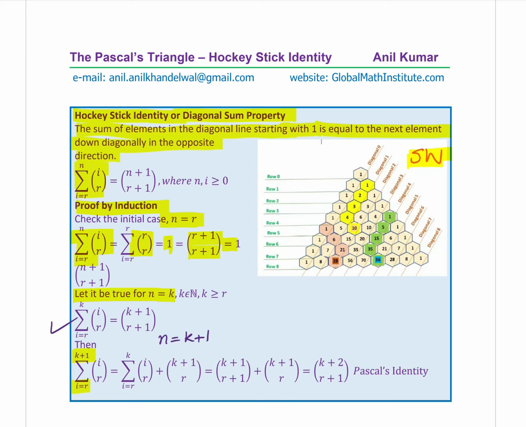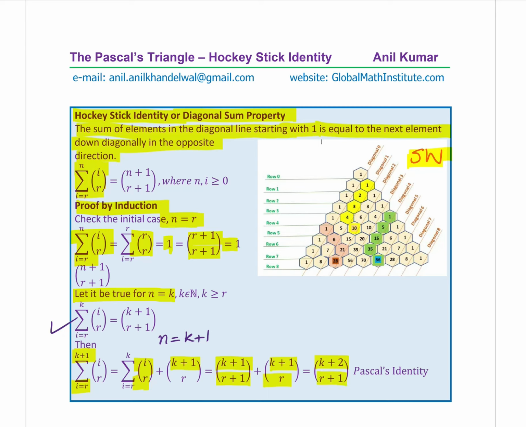Do you see that? So we changed it to k plus 1, and that gives us this value of k plus 1. And we already know that the sum for the first one is given to us as k plus 1 Cr plus 1. When you add k plus 1 Cr from the iterative property, we get k plus 2 Cr plus 1. And that is the proof of it.